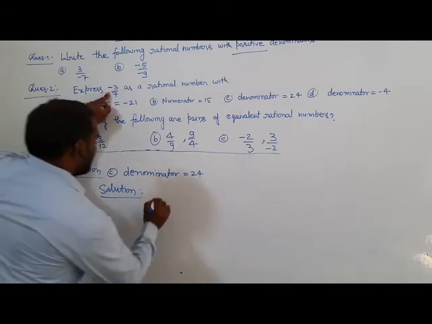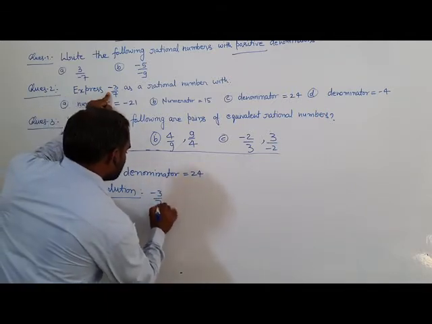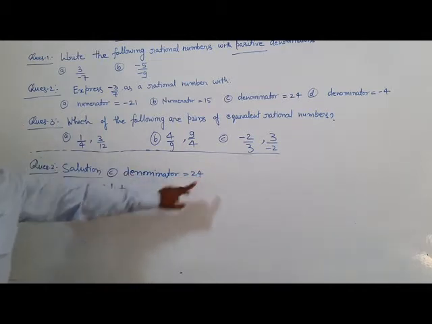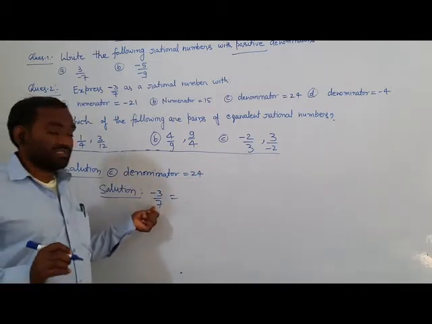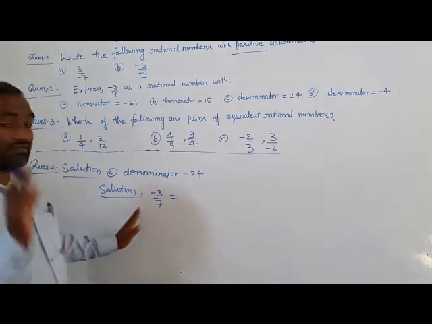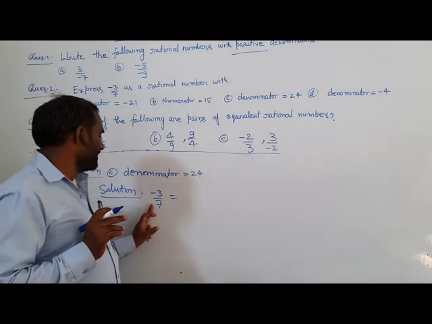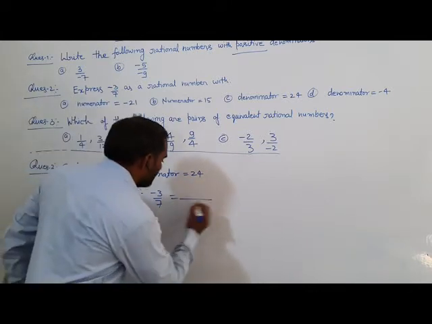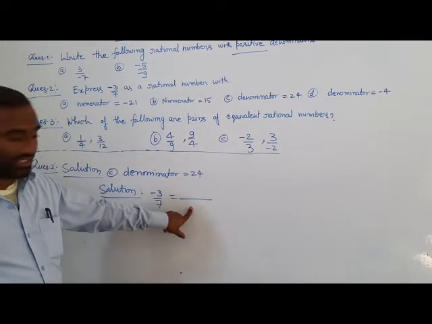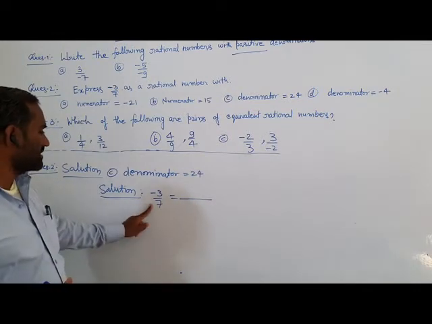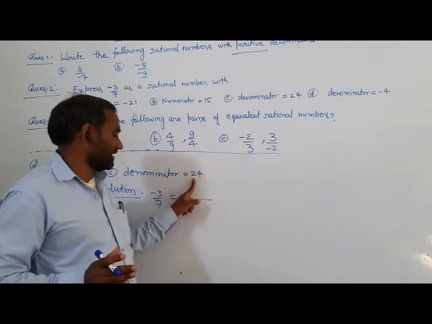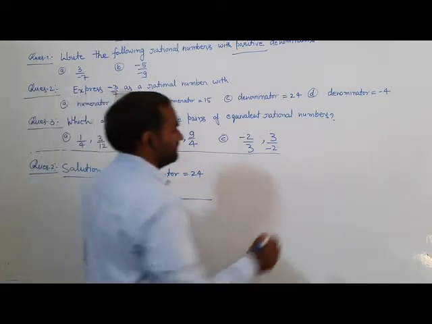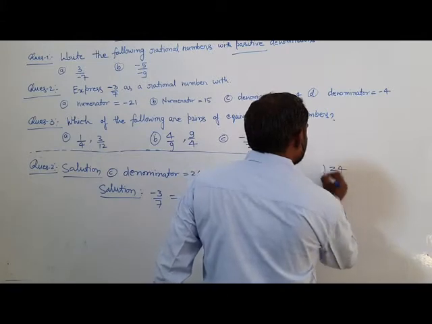Original rational number is minus 3 by 7. Here the denominator is 24. First of all we have to see the sign. Here 7 is a positive denominator, so the denominator should be positive, because it is also plus. Now we divide 24 by 7.